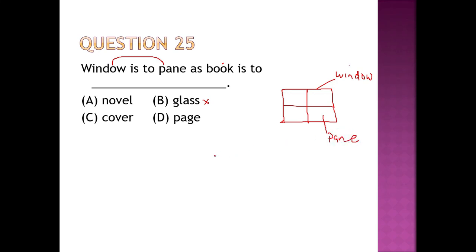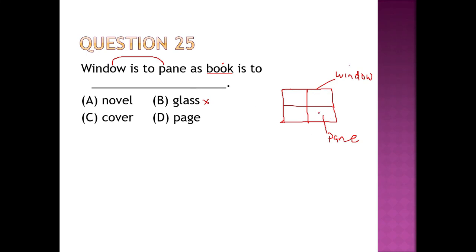What does that mean then? It means that we are looking for a relationship between a book and something else, where the book would be like the window, and whatever is on this line would be equivalent to a pane in this example.